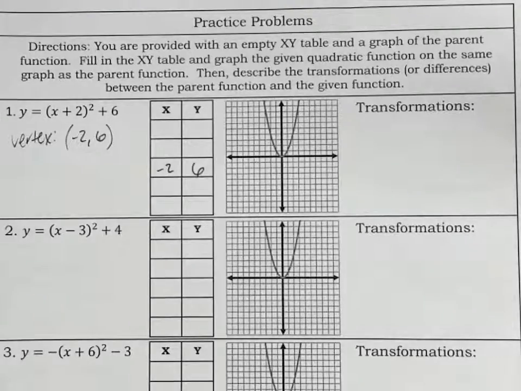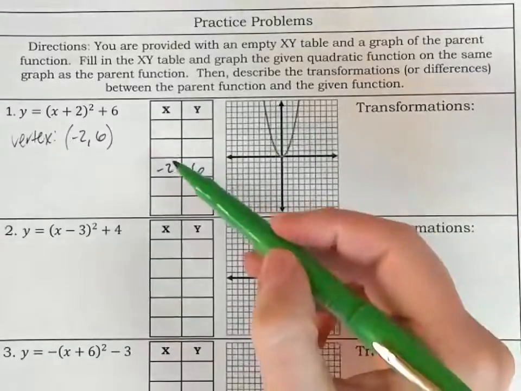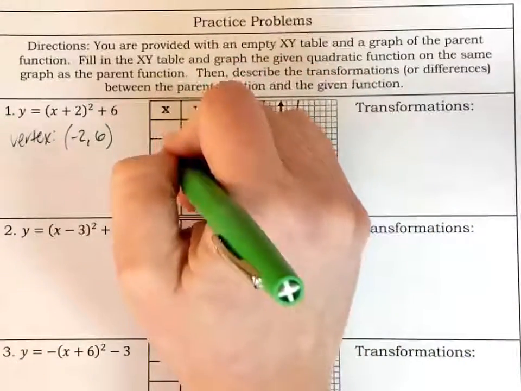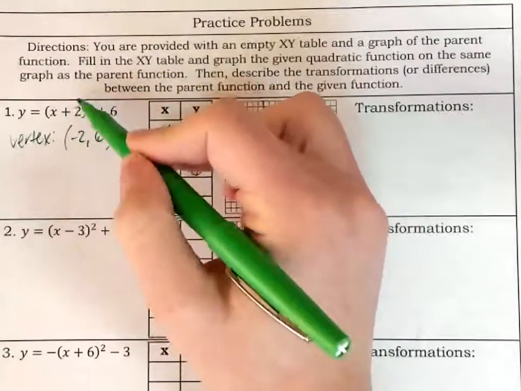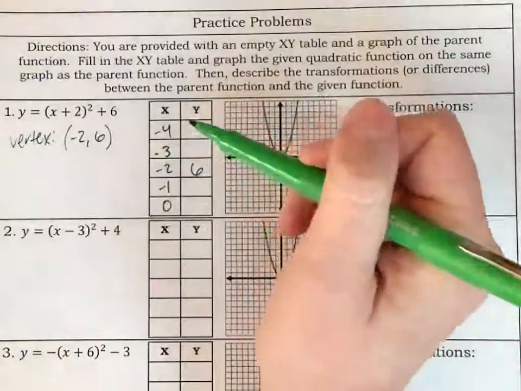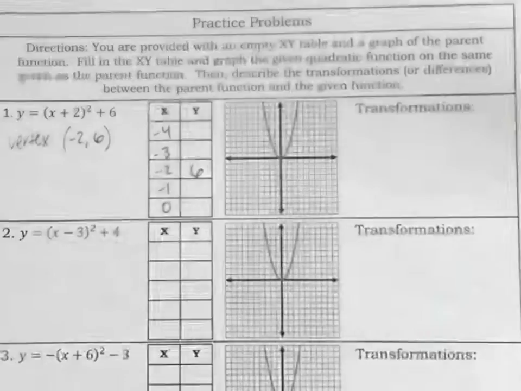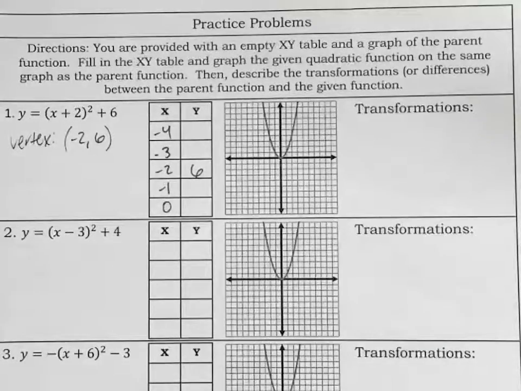If we need to do it by hand, we can take each of the x values that we want, -3, -4, -1, and 0, plug them in here, simplify, and find the y value. But for time's sake, I'm going to let the calculator do a little of the work for me.